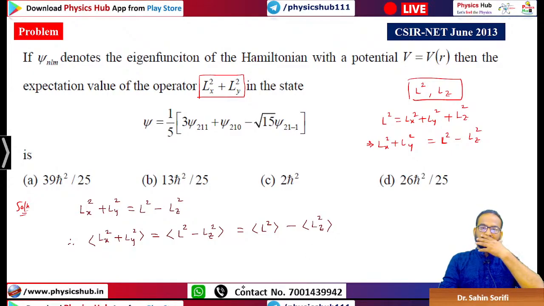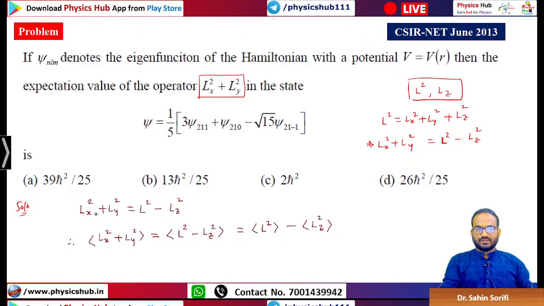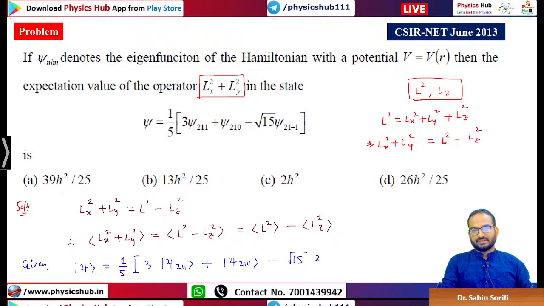Okay. Now look, the wave function is given to be normalized. How to check whether the given wave function is normalized or not? So you see, given psi, we are writing in terms of the ket notation, 1 upon 5, 3 ket psi 2 1 1 plus ket psi 2 1 0 minus square root of 15 ket psi 2 1 minus 1.